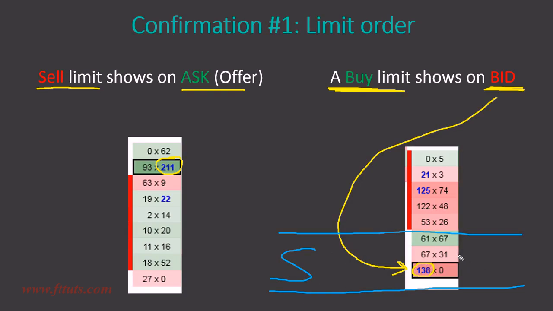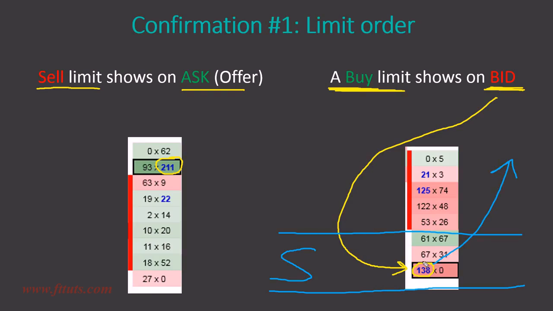So most likely, you can't be 100% sure, but most likely this is a buy limit of a big, passive player who was waiting until the price reached the support and then entered their buying position. So from that, you should expect a buying reaction.